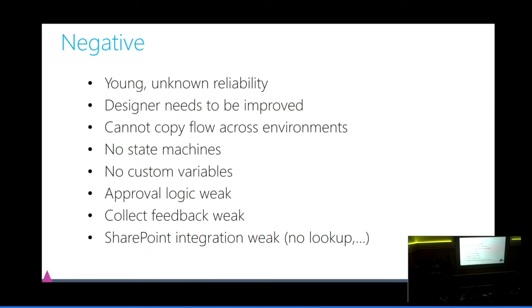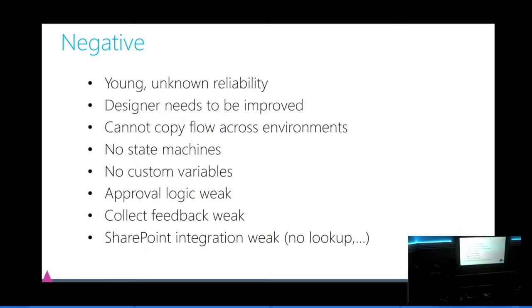The approval logic, which is important in Flow, is still basic. That's the one you saw. You send an email, and the people can approve, reject, or do something else. We need more than that. We need lazy approval. We need to be able to share the approval with someone else in the team, etc. So we need that. This will come up. Same for the collect feedback.